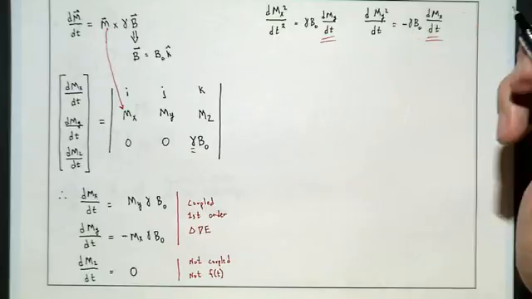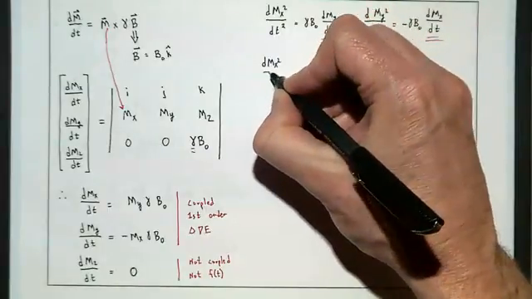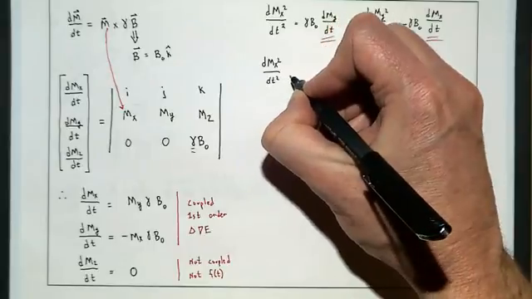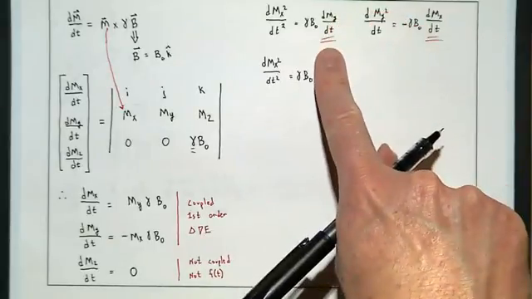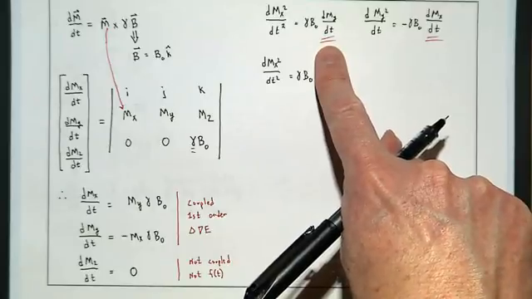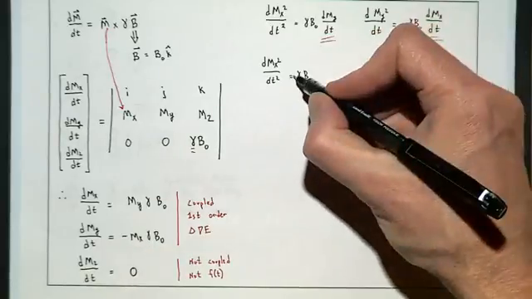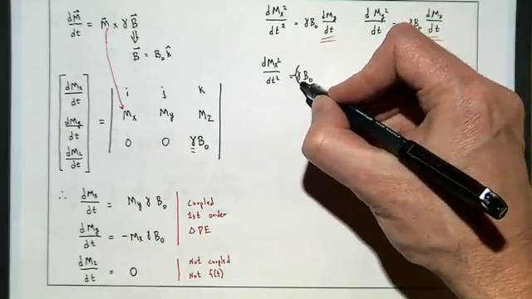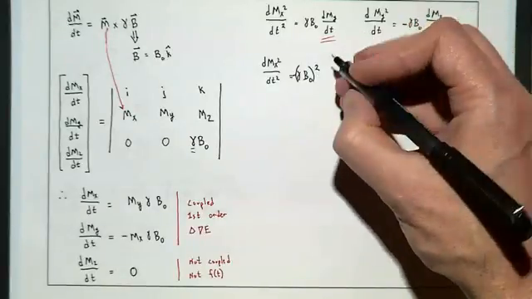And so I'm going to keep the left-hand side. I just have that d²mx/dt² is equal to gamma B0. But now, where I have dmy/dt, this is where the uncoupling occurs, so to speak. I'm going to have a minus mx gamma B0. So I'll put a minus sign out in front. I'll square this thing, and I'll put in an mx.